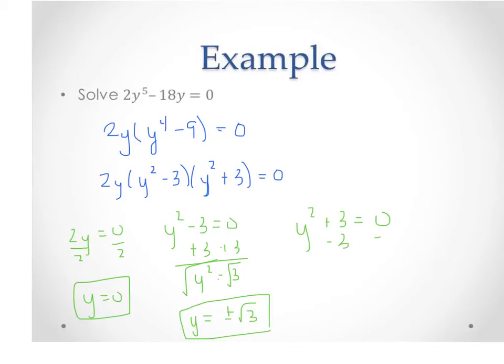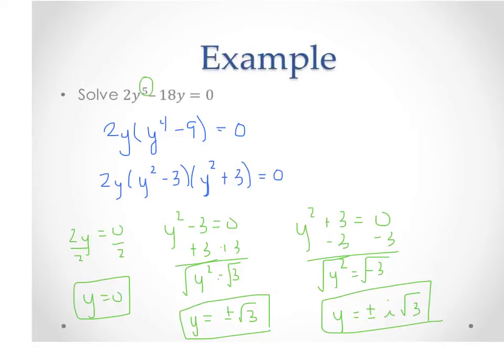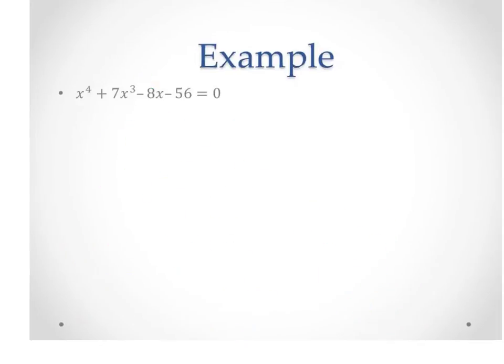And if we subtract 3, we get y squared equals negative 3. Square root, we get plus or minus i square root of 3. Okay, so there's 5 answers there. And notice it does have a 5th power. Alright, so factor, set each factor equal to 0, solve.